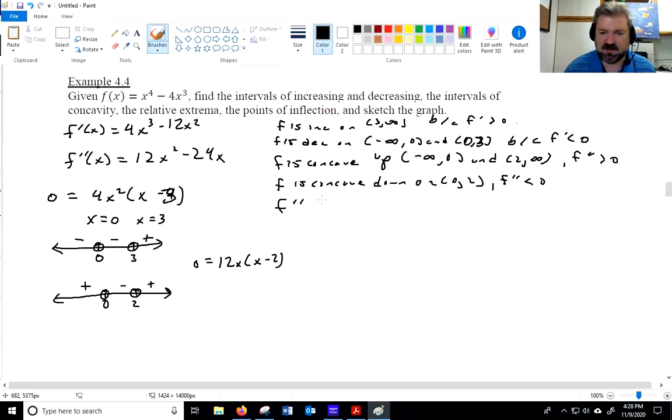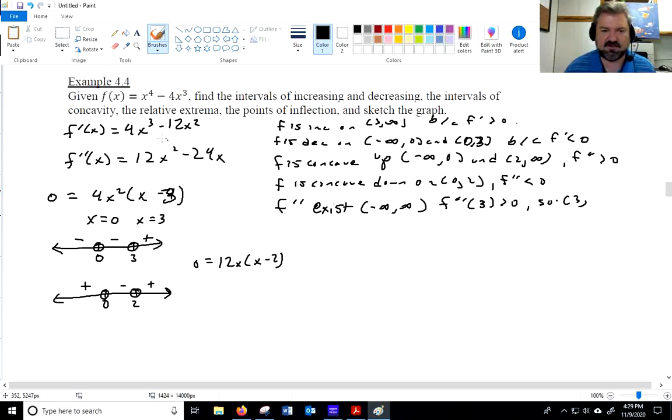So f double prime exists everywhere. We just need it to exist on an open interval around our critical numbers. And I'm going to say that f double prime of 3 is greater than 0.